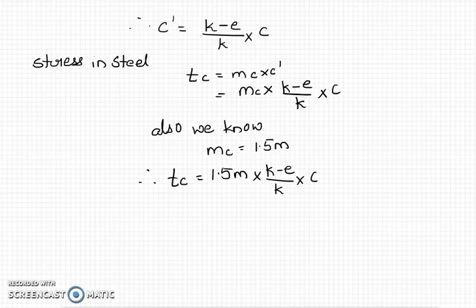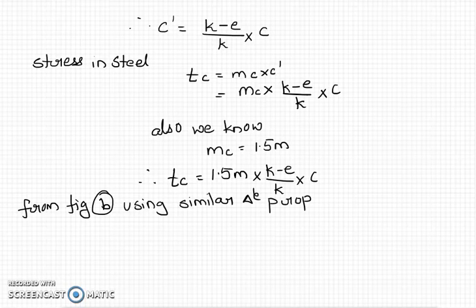Okay. Now, if we know the maximum stresses in steel and concrete that are developed, again from figure B, that is the stress diagram, using the similar triangle property, we can write C divided by N equal to, considering the tensile stress now, T divided by M upon D minus KD.